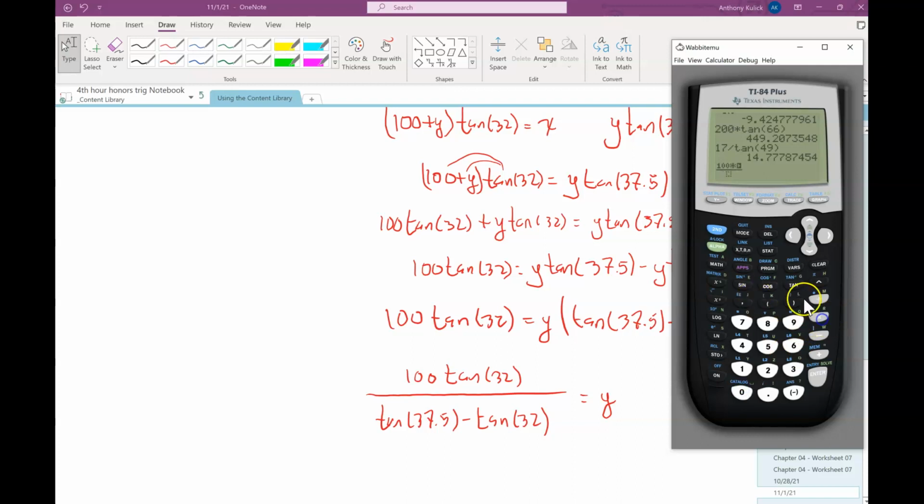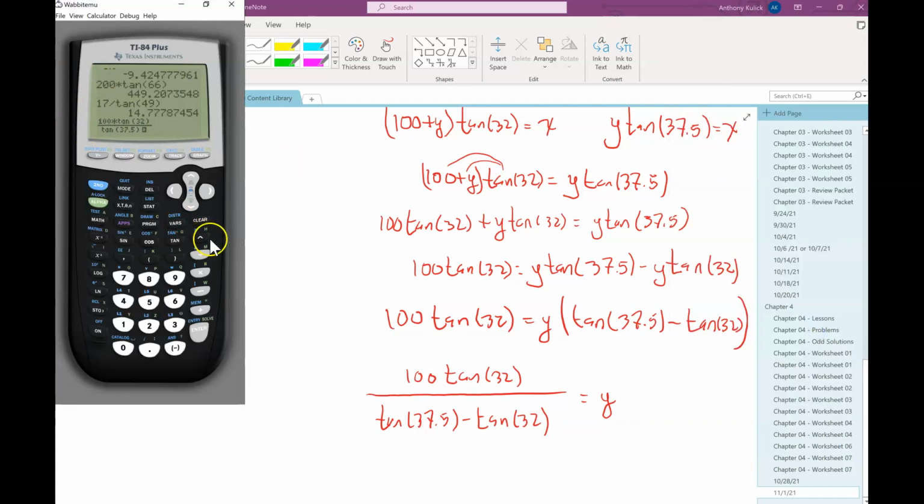So I have 100 times tan 32 over tan 37.5 minus tan 32. Notice that that allowed me to just type it in exactly as it looks on my sheet of paper. So that gives me 438.6 for y.